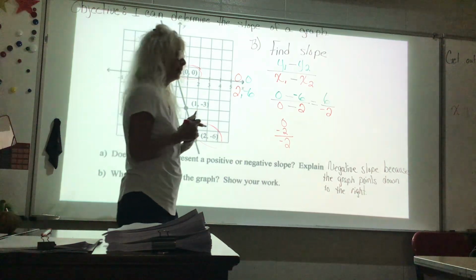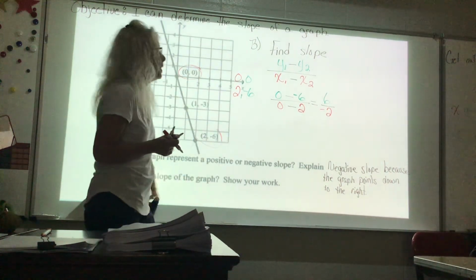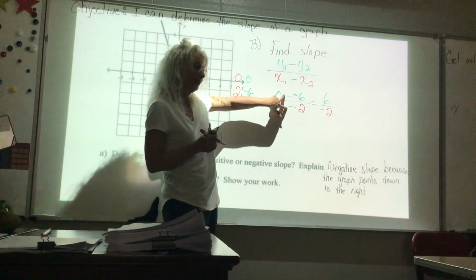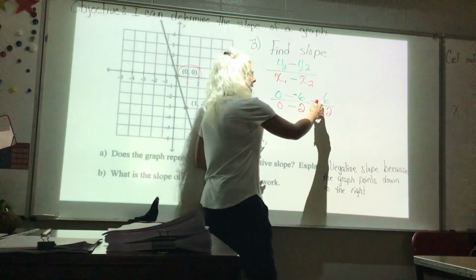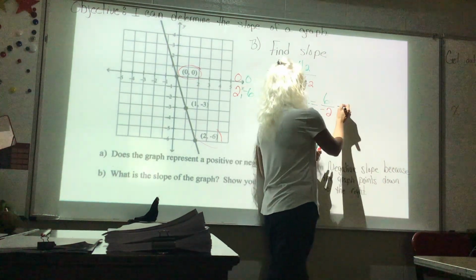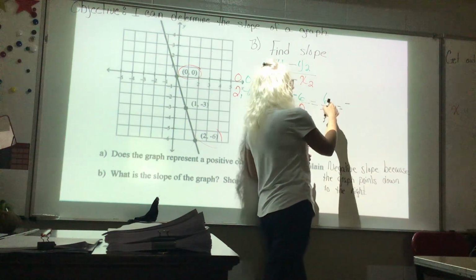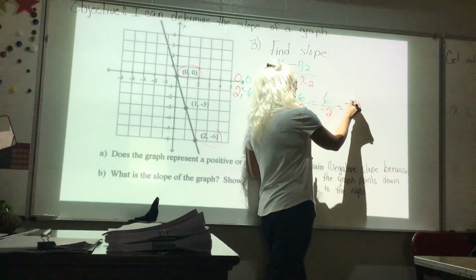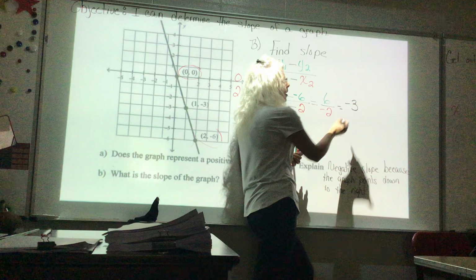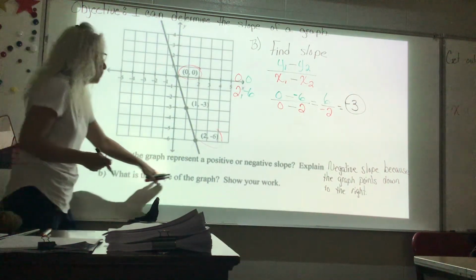I thought that was a negative sign by the 2. Black lines are subtract. Now, what does the black line mean? Divide. So positive divided by negative is a negative. 6 divided by 2 is 3. So my slope, on part B, it says, what is the slope of the graph?